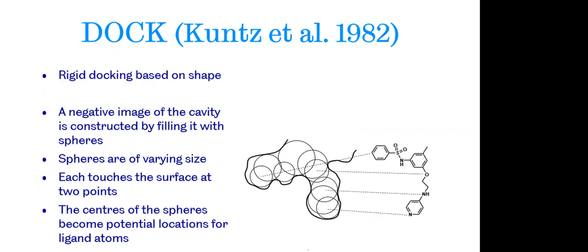That means the ligand should have at least two points of interaction with the receptor. The centers of those pairs become the potential locations for the ligand atoms to bind. This is the algorithm they used in DOCK.